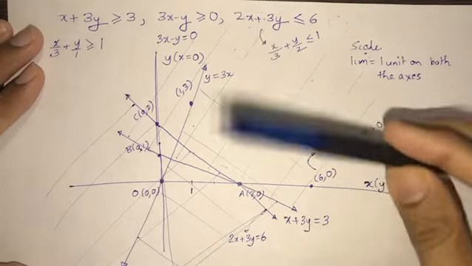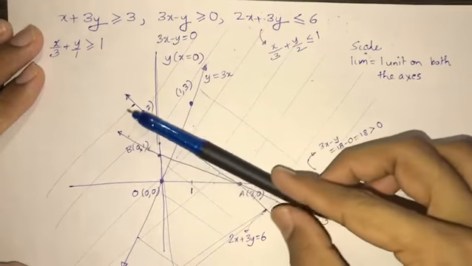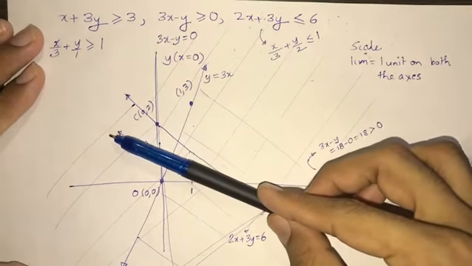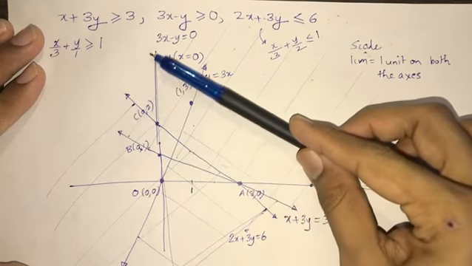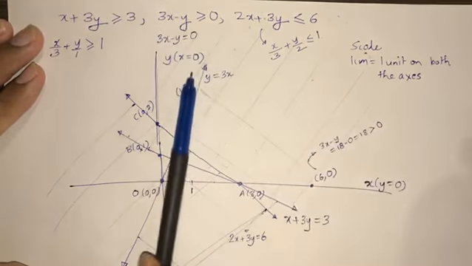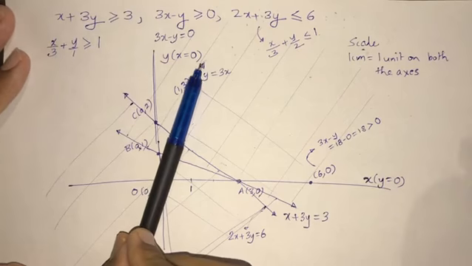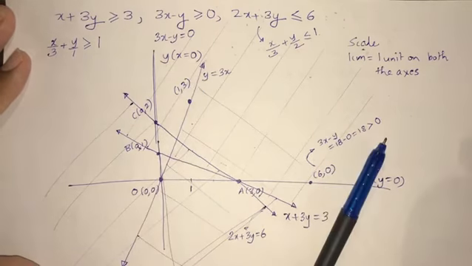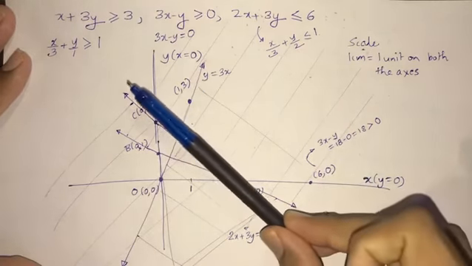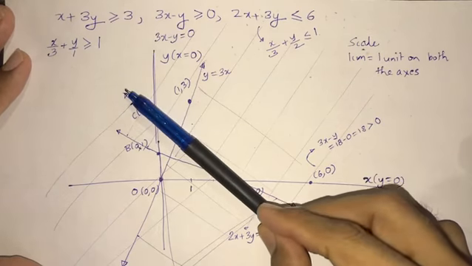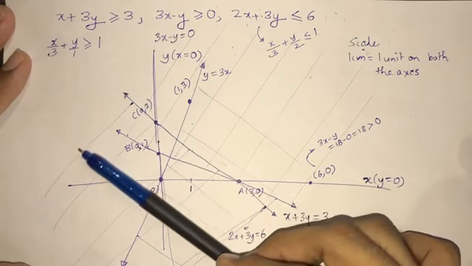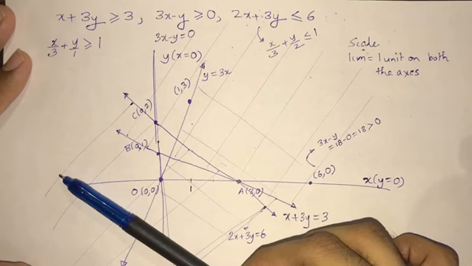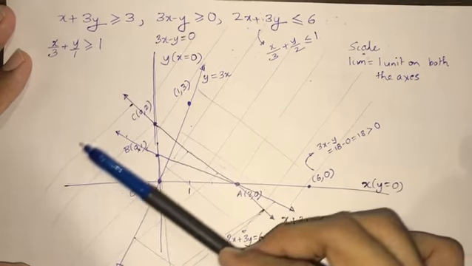I repeat, x plus 3y equal to 3 is the non-origin side. Y equal to 3x is towards 6 comma 0. And this AC is the origin side.